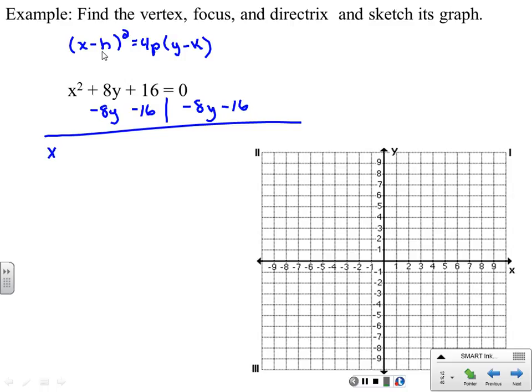And so I'm going to have X squared is equal to negative 8y minus 16. Well, I still don't have parentheses. I've got to have parentheses. Close. One X is 0 for your vertex, yes.